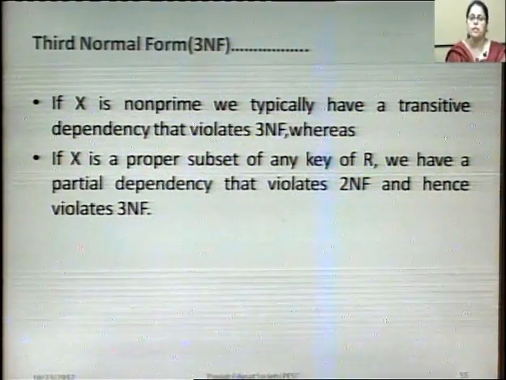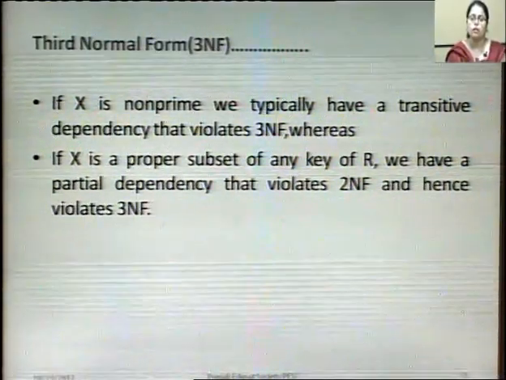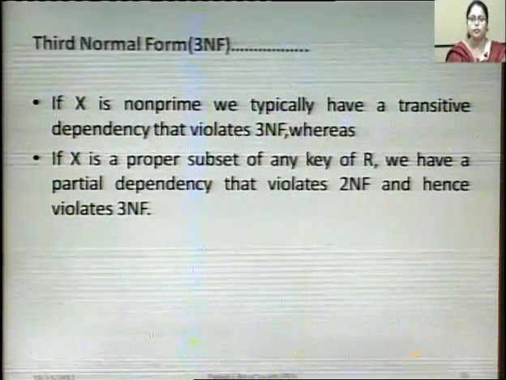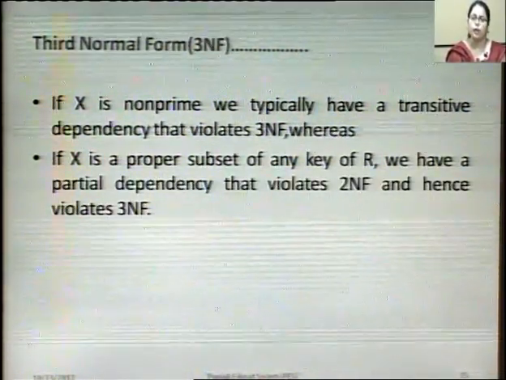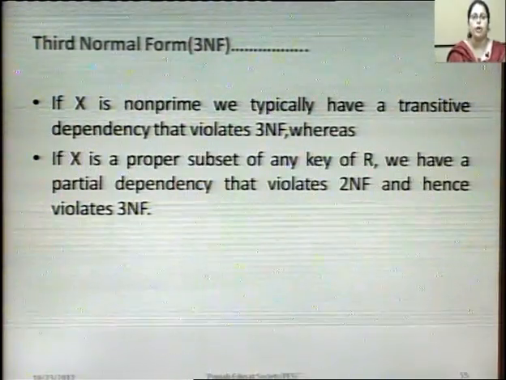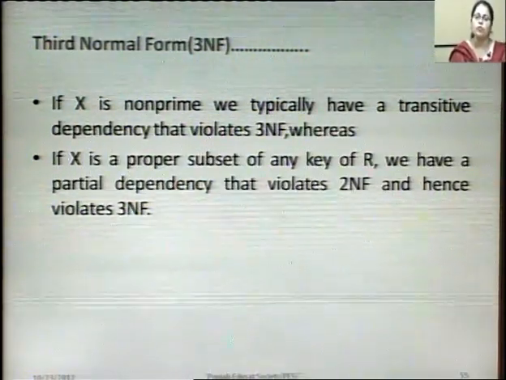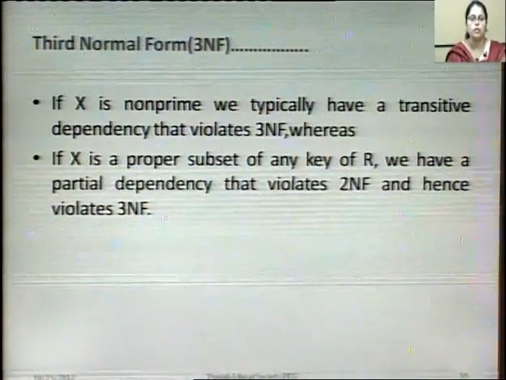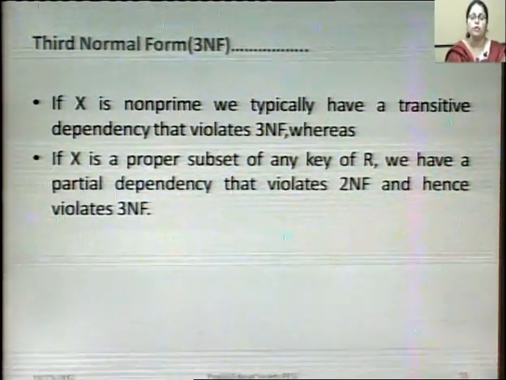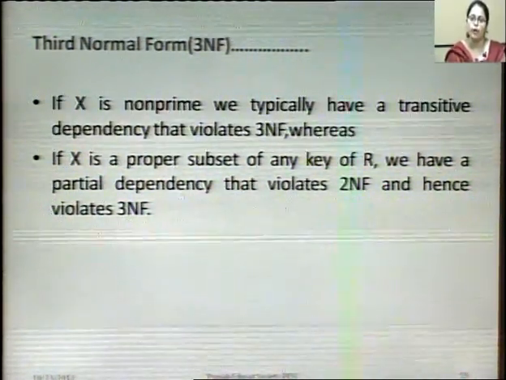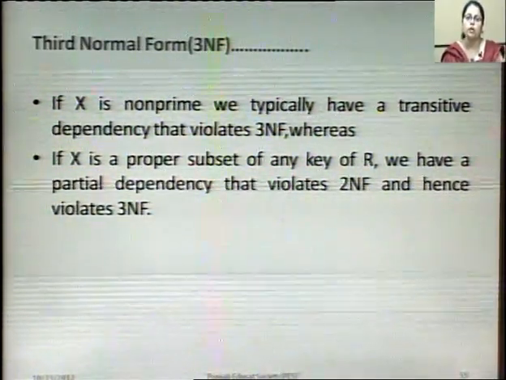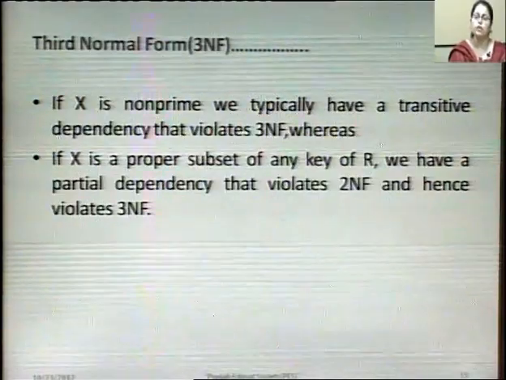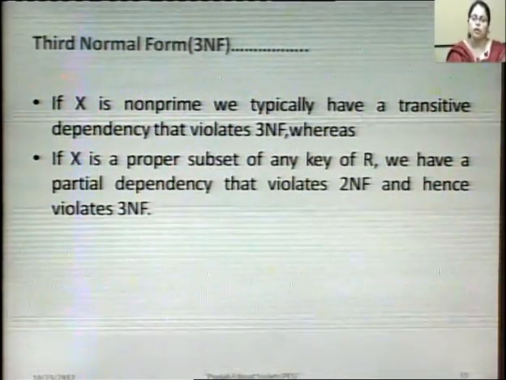Whereas if X is a proper subset of any key of R, that means X belongs to some candidate key or primary key of R, then we have a partial dependency that will violate the second normal form, and hence it will violate the third normal form, because for a relation to be in third normal form, it must be in second normal form.